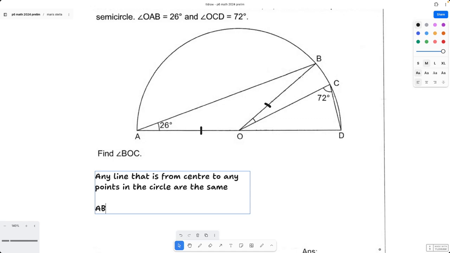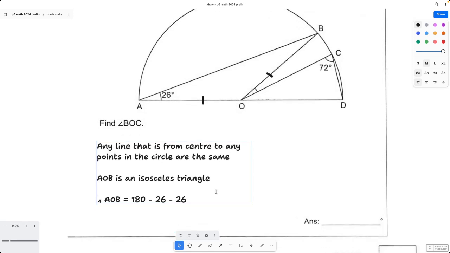So AOB is an isosceles triangle. So that means angle AOB is equal to 180 minus 26 minus 26, right?